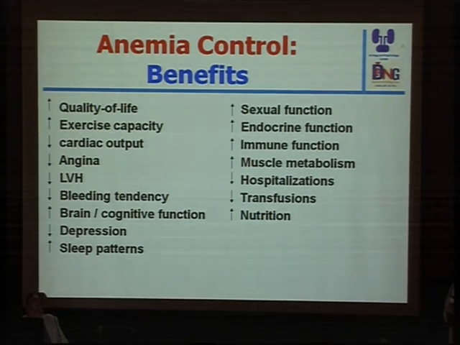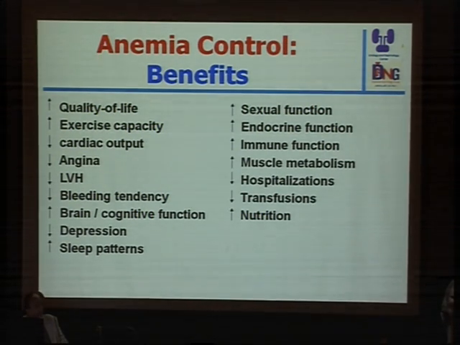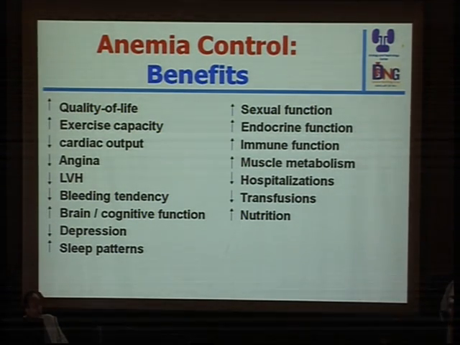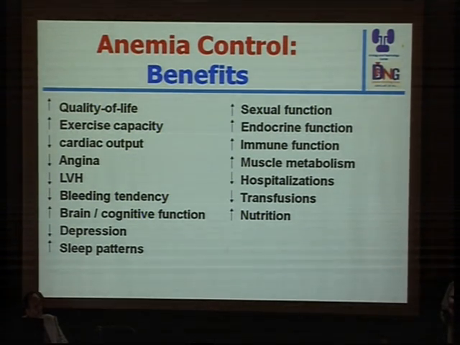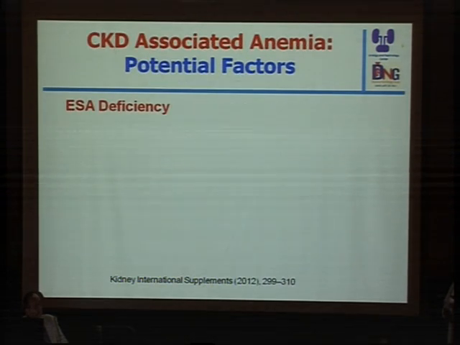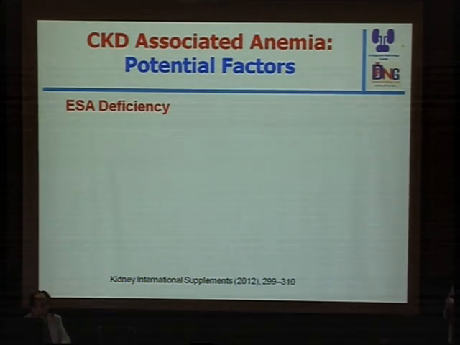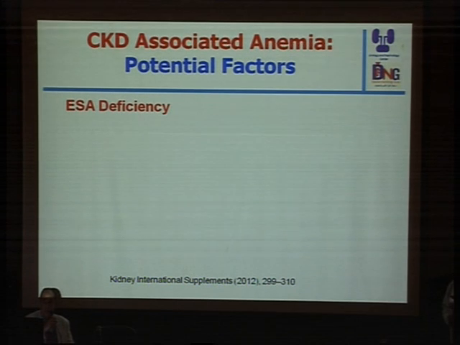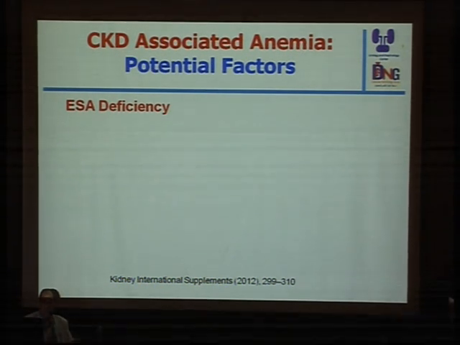It also improves the nutritional status of the patients and improves the appetite. So we should control anemia. Here I don't say to normalize hemoglobin. I just say to control anemia, and this is what we will work on in the following sections. That's why you have to treat anemia.